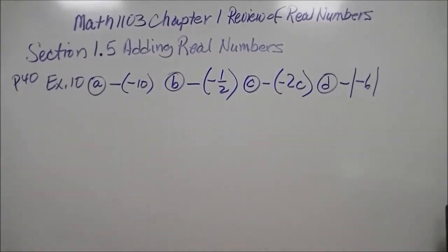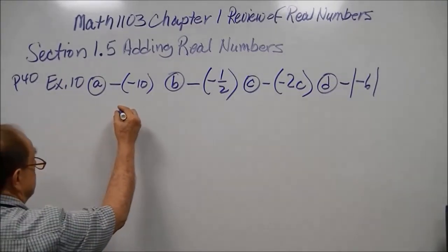All right, our last topic of section 5 of chapter 1, and we're looking at some interesting expressions here. Now, this is a negative of a negative. Often, the best way to read this is the opposite. Remember we said a negative sign can sometimes refer to the opposite of something. So the opposite of a negative 10, think about it for a moment, is a positive 10.